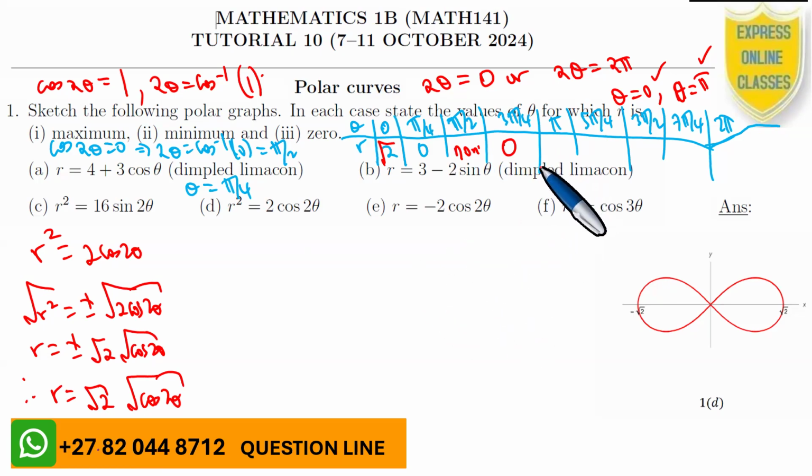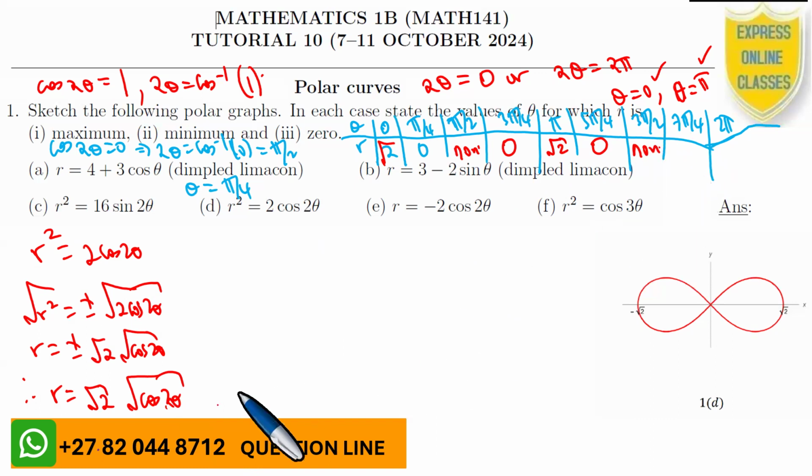At pi is the square root of 2. At 3 pi over 4, 0. At 3 pi over 2, it's going to be non-real because multiplied by 2 it becomes 3 pi.